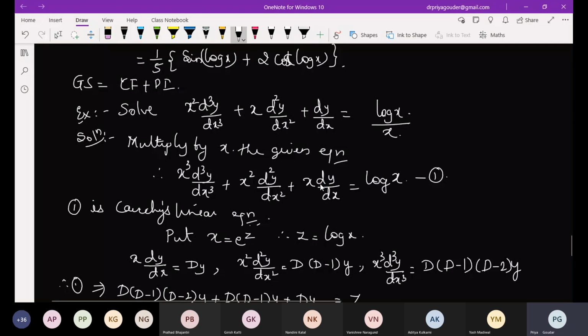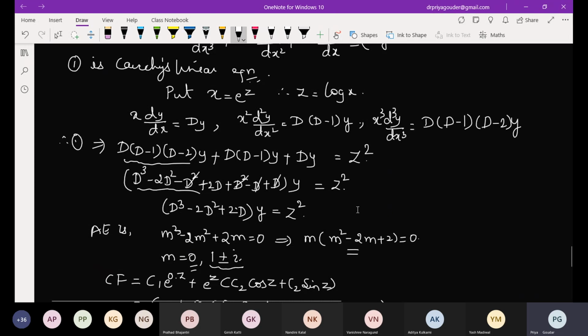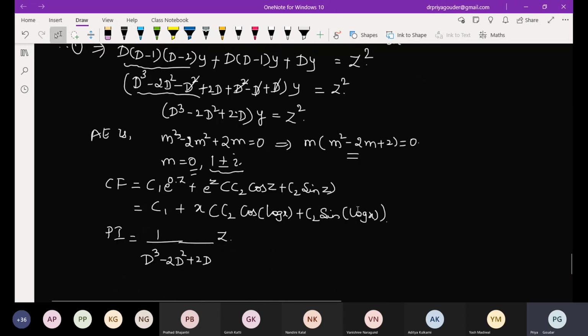Here, log x, what you have taken, take the whole square of log x. There won't be much change. I don't want to take the similar format again. Take it as Z square.